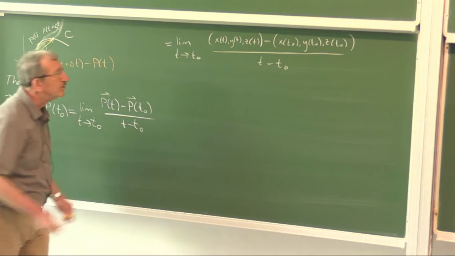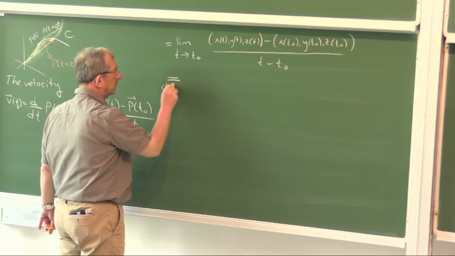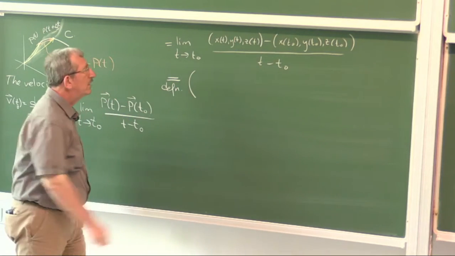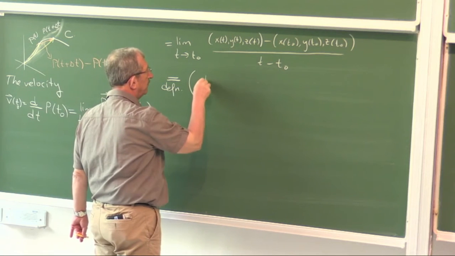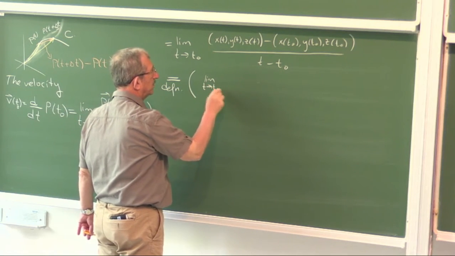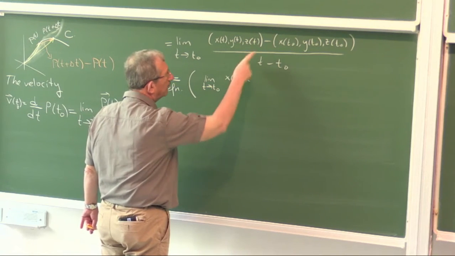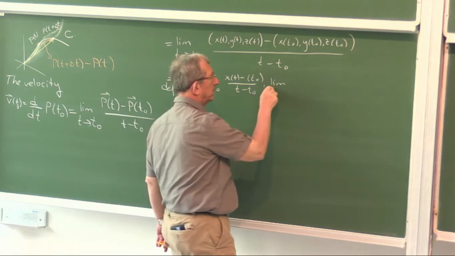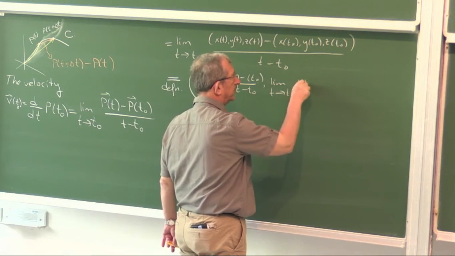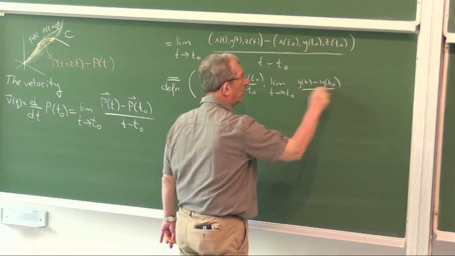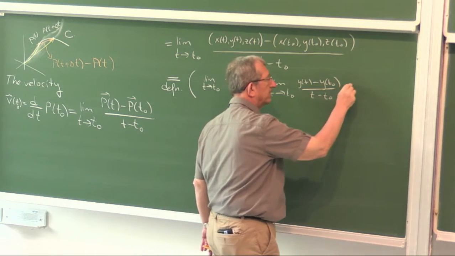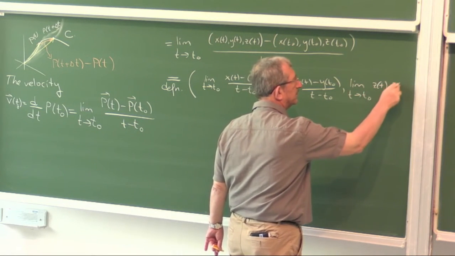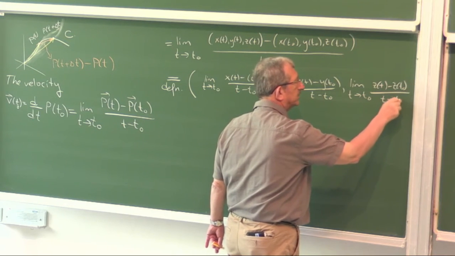Actually, this is a definition. Namely, the limit of a vector function is the vector of the limits of x of t minus x of t0 over t minus t0, the limit of y of t minus y of t0 over t minus t0, and the limit of z of t minus z of t0 divided by t minus t0.